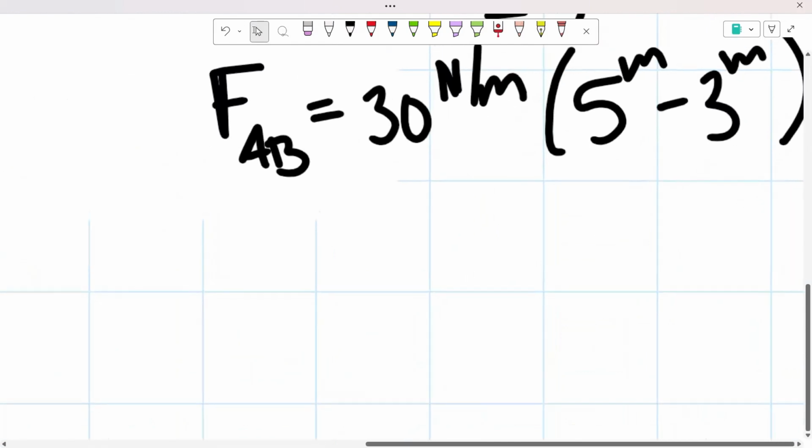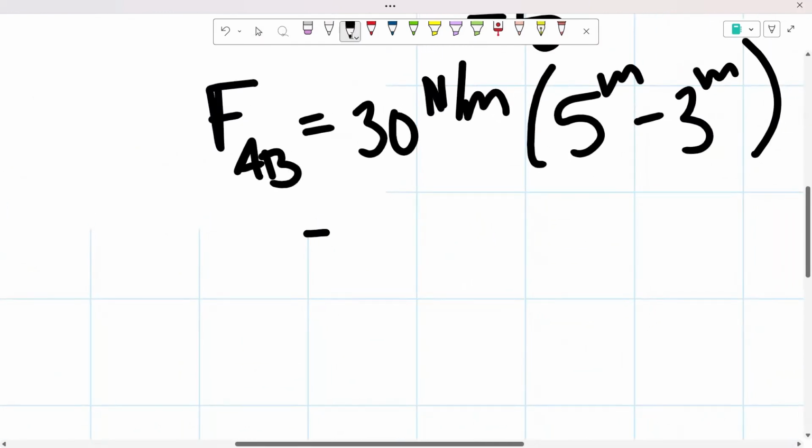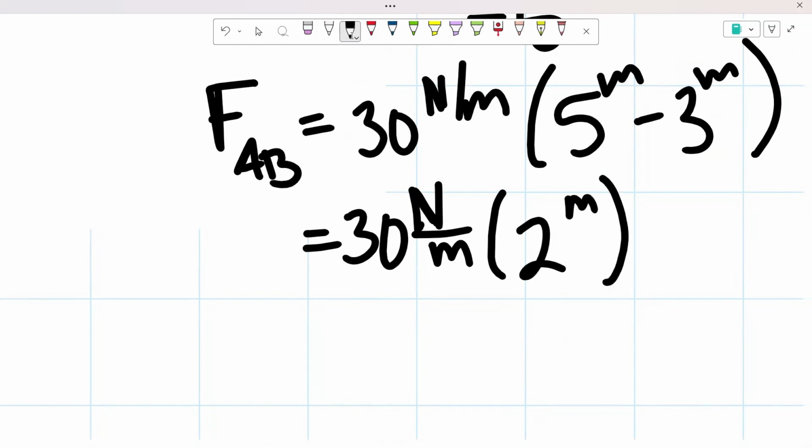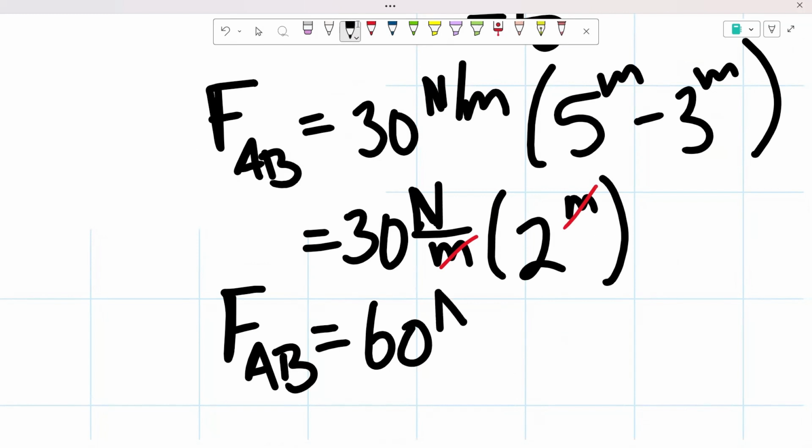From there, we get 30 newtons per meter times 2 meters. The meters cross out, so the force of the spring AB is equal to 60 newtons.